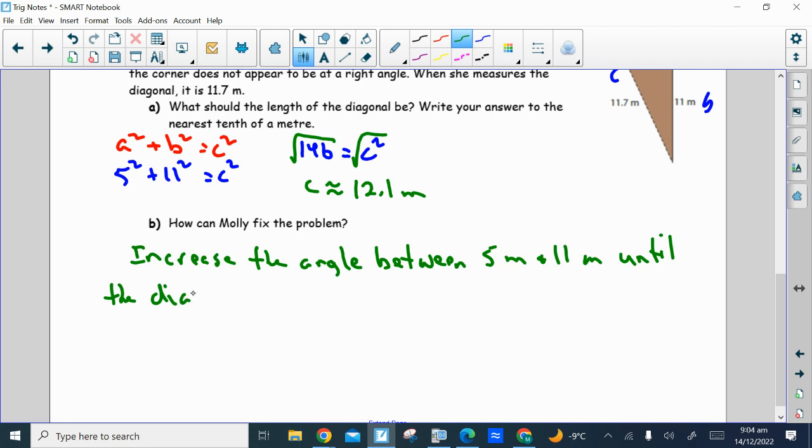And this is what carpenters do. For a situation like this, this is exactly what they'll do. Use Pythagorean theorem. Find out what the diagonal should be. Use a tape measure and lay it across the diagonal. And they'll move those two sides open until it gets to be the right length.